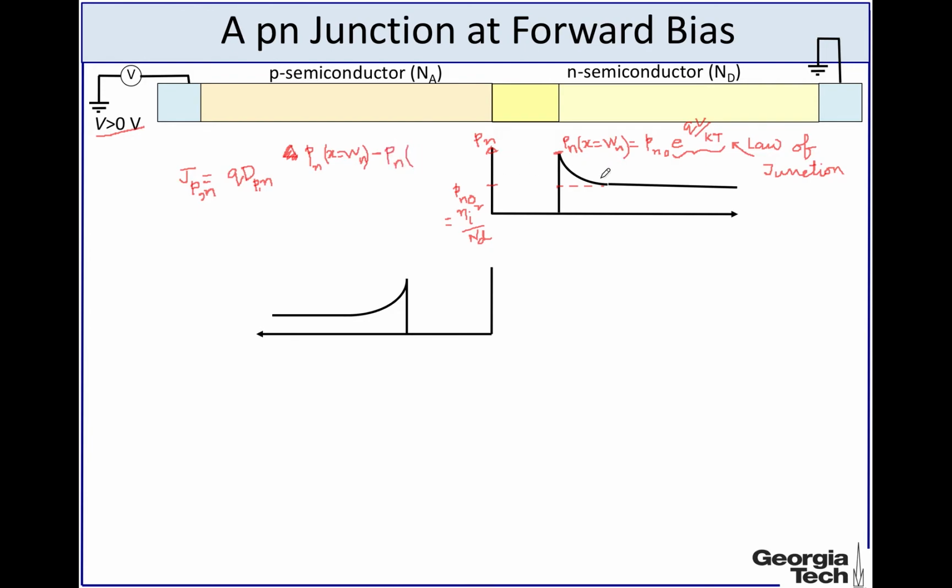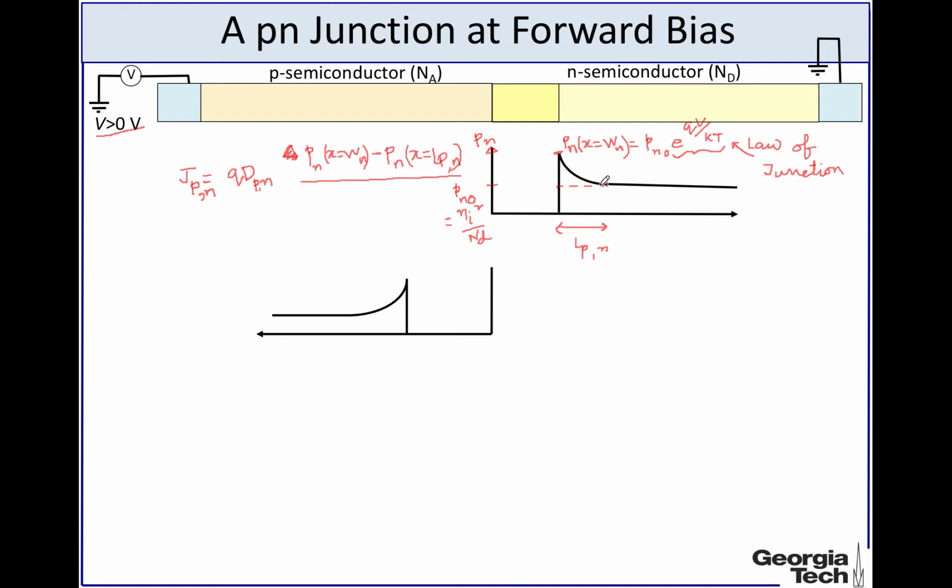We have said that the average distance these excess holes traverse is equal to Lp in the n side.